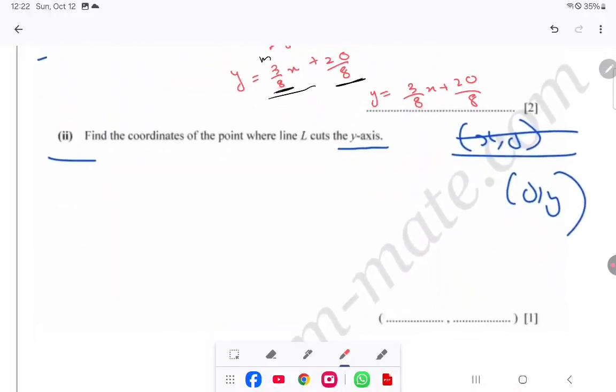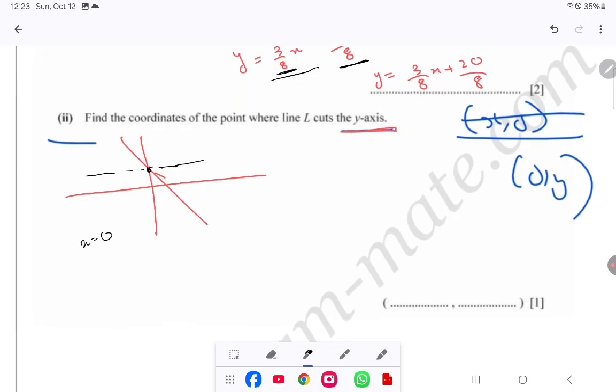Now in part 2, find the coordinates of the point where the line L cuts the y-axis. What it means that the line cuts the y-axis is that the line is touching the y-axis somewhere right here. Since at the touching point there will be no value of x present, x will become 0 on the y-intercept.